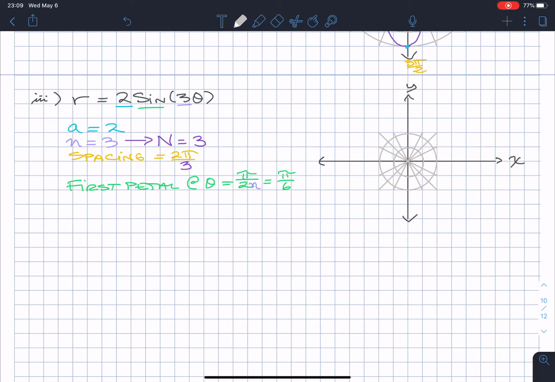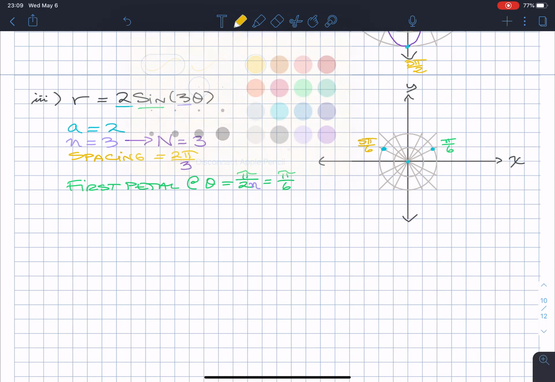Okay, so my first petal is going to be along pi over 6 at a length of 2. Then I have to go every 120 degrees. So 120 plus 30, or 2 pi over 3 plus pi over 6, is going to be 5 pi over 6. So 150 degrees, so that's where I have my second petal.